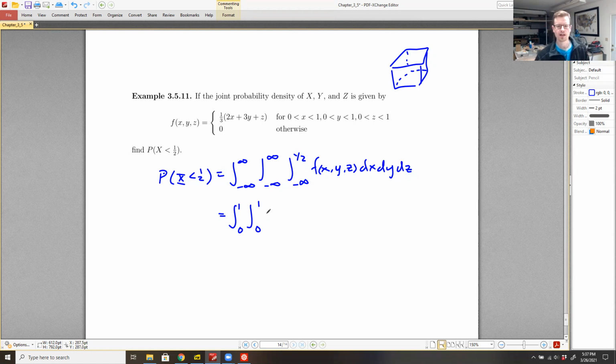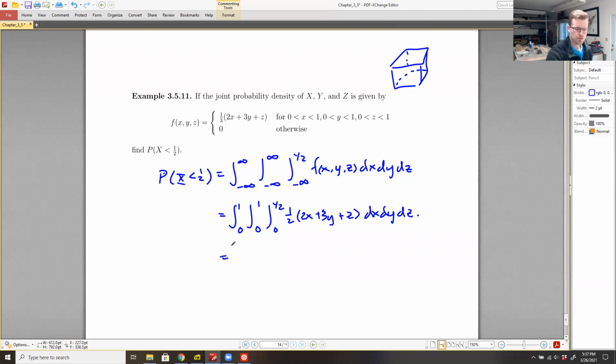And then for x, of course, I don't need anything below 0, so I go from 0 to 1/2. Now that I'm looking at the region where the function is non-zero, and it takes on this one expression, I can integrate 1/3 of 2x plus 3y plus z dx dy dz.